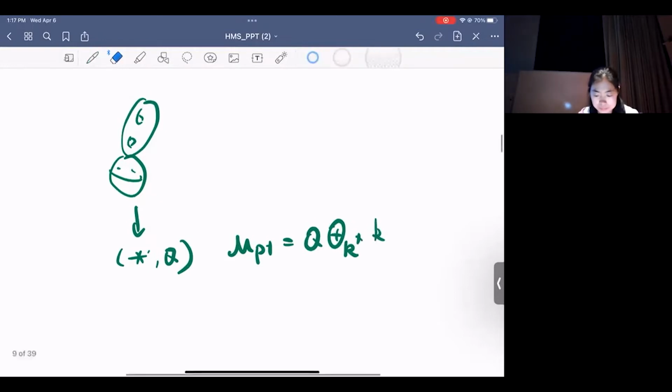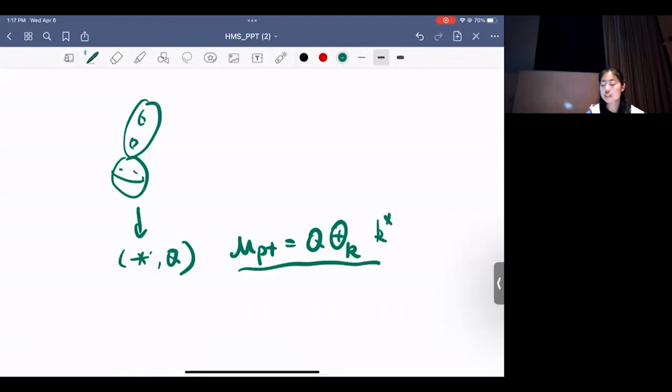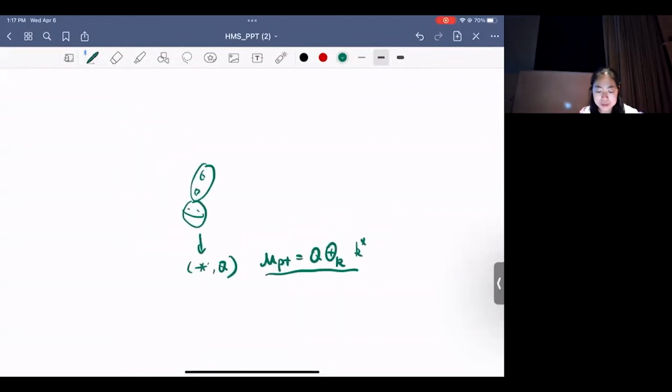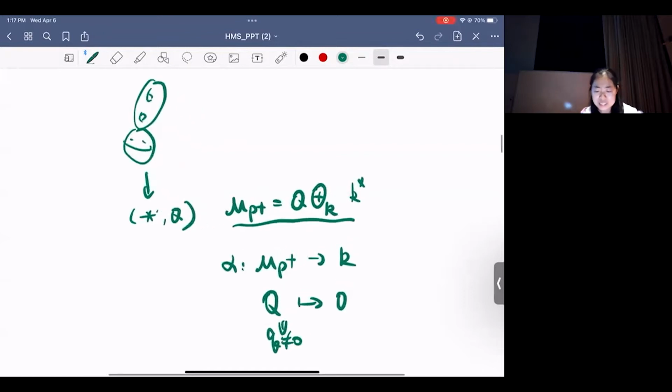For this point, I give it a sheaf of monoids of this form, where my map alpha from M_point to O_point, which is just k over here, sends all non-zero elements inside Q to 0, and sends 0 to 1 over here.